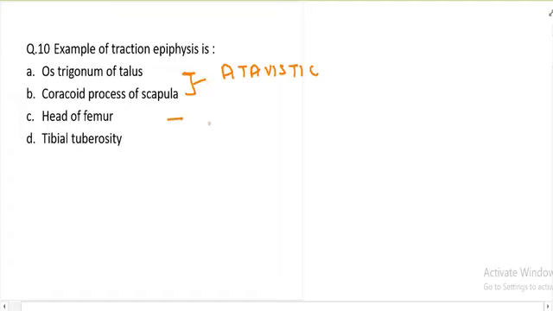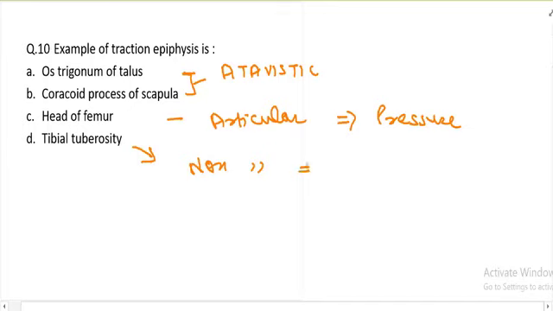Head of femur is articular. It takes part in the joint formation, so it has to be pressure epiphysis. Tibial tuberosity, any tuberosity, tubercle, trochanter which are non-articular, this is an example of traction, where the muscle is attached and it keeps on pulling. So the answer to this question will be tibial tuberosity.